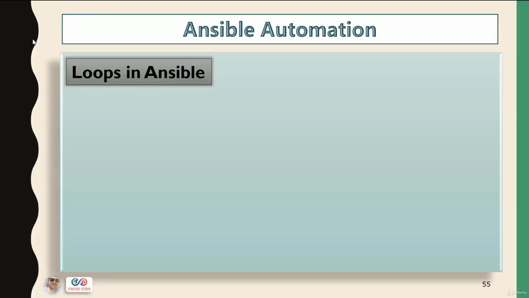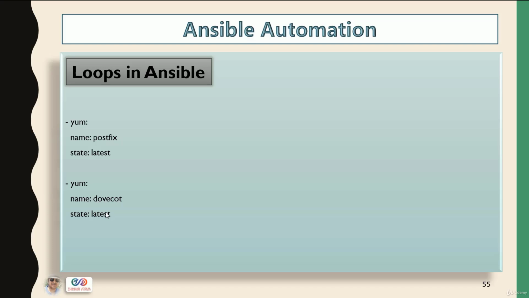Let's understand few more examples of loops in Ansible playbook. Suppose you have to install 2 packages using the yum module. So you are going to write your playbook like this way: -yum, and this is the name of your package, state latest, and the same you have to write for another package as well.